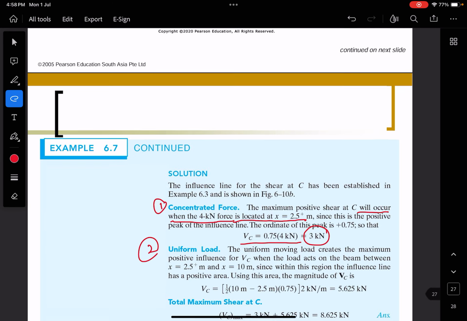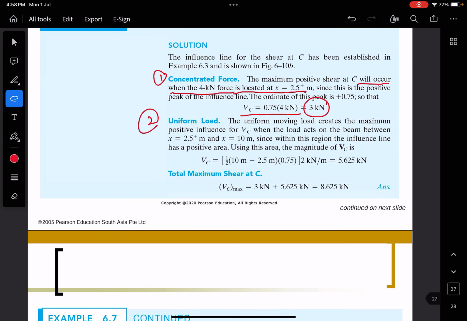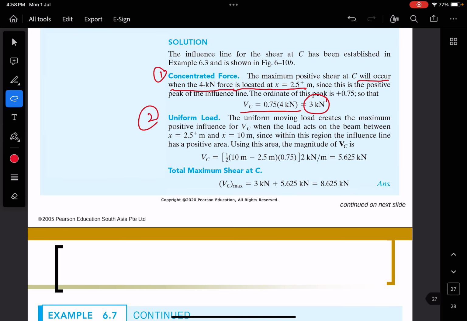So it's better to place your 2 kilonewton in the positive area. So you can read here, the uniform moving load creates the maximum positive influence for VC when the load acts on the beam between x equals 2.5 and x equals 10 meter.